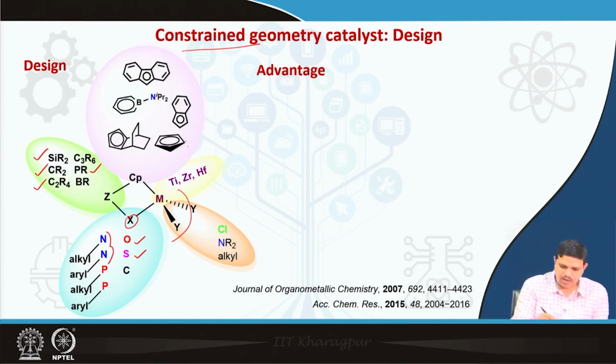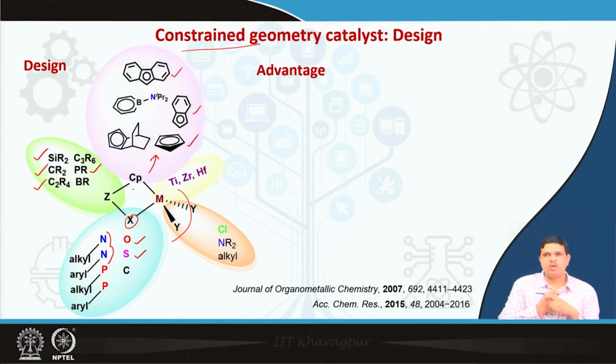And here these CP rings, not only CP, the varieties of substituted CP, you will see here that this one, the indenyl, or fluorenyl, the different cyclopentadienyl or fused cyclopentadienyl are possible, and the metal centers are titanium, zirconium, hafnium, and these are obviously the alkyl or the halides.